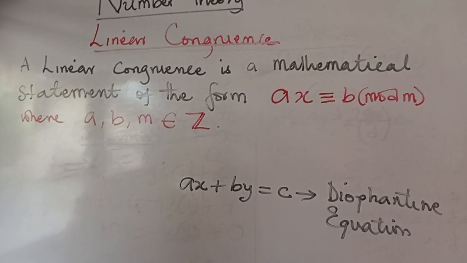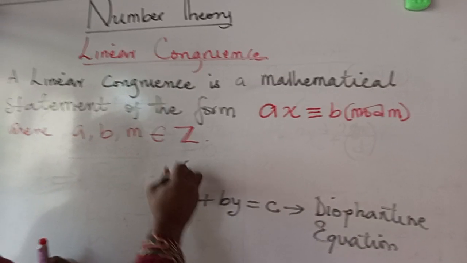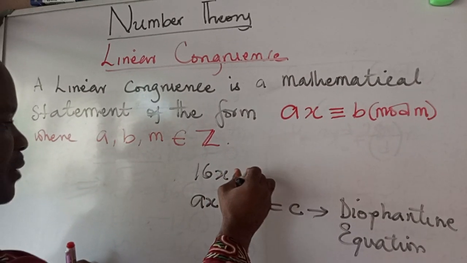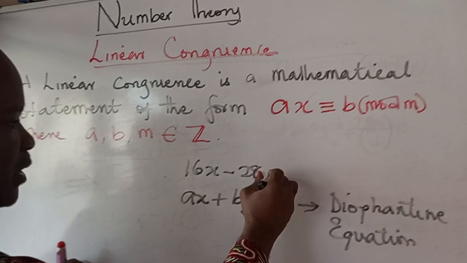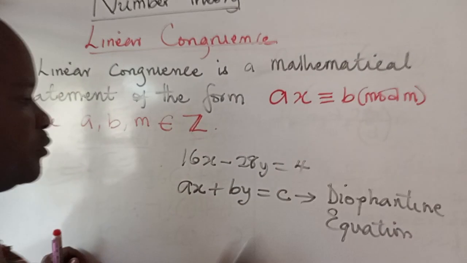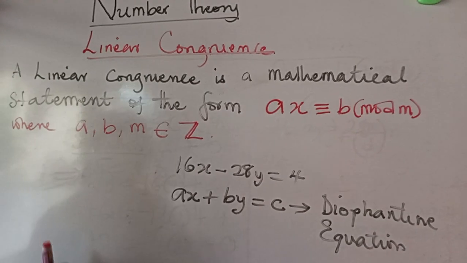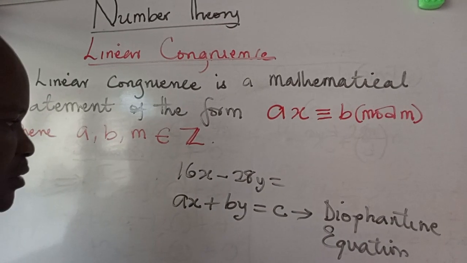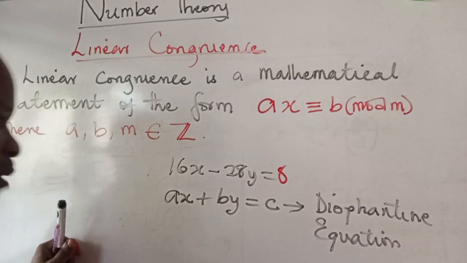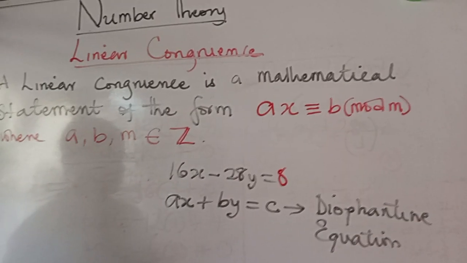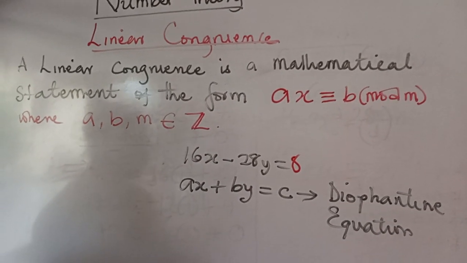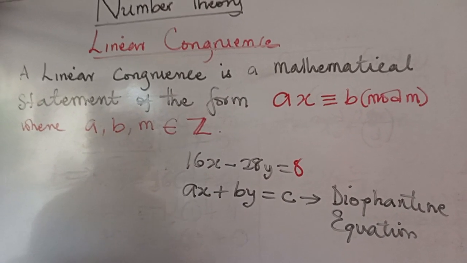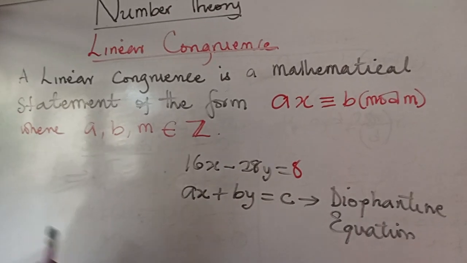In that example, we were looking at 16x minus 28y is equal to 4. But suppose this is equal to 8. We can still solve it using that. Remember, when we use Euclid's algorithm, the reverse of Euclid's algorithm gave us Bezout's identity.